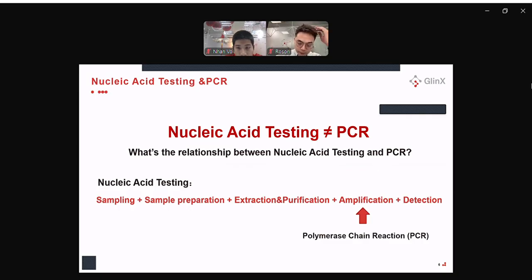The whole process also includes sample collection, which is the sampling, and nucleic acid extraction and purification. Also, I wrote the sample preparation because these steps are also really important.